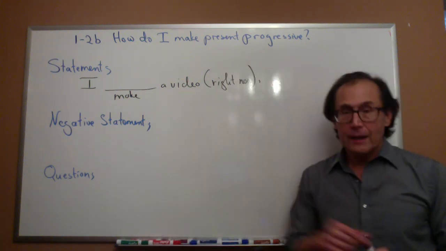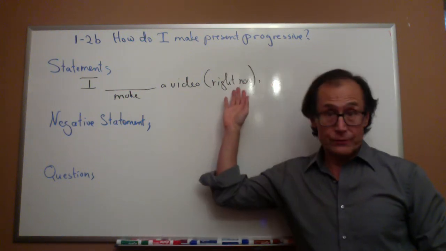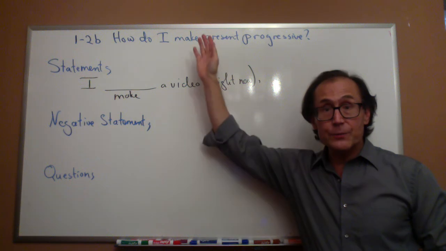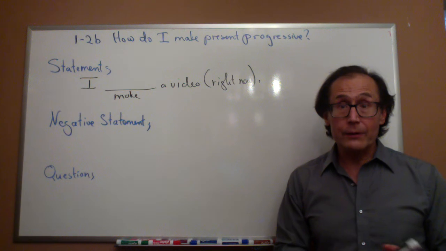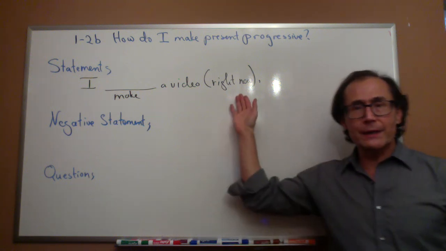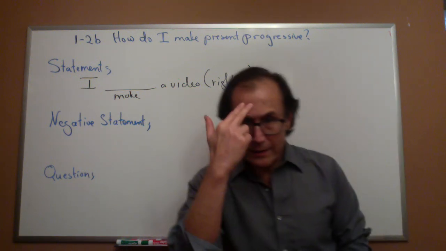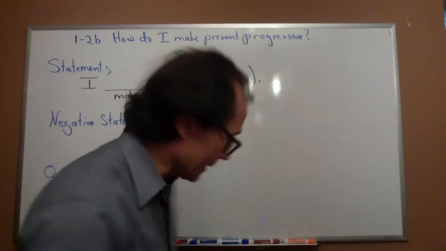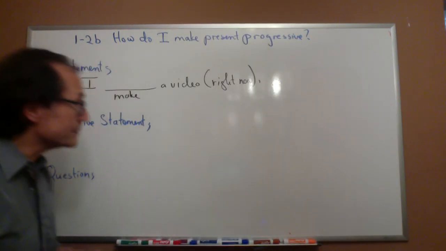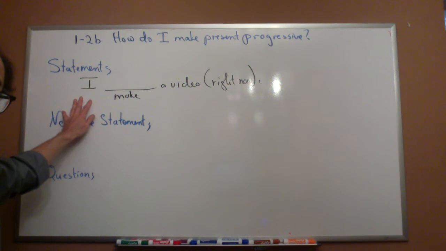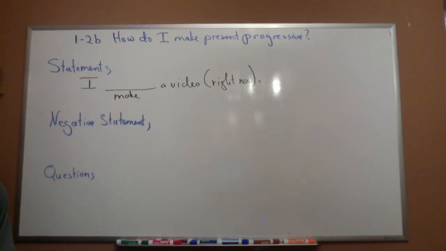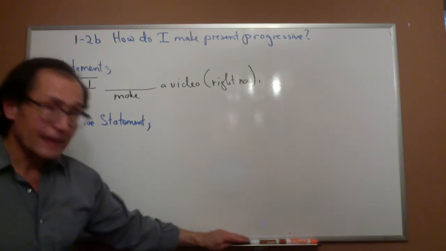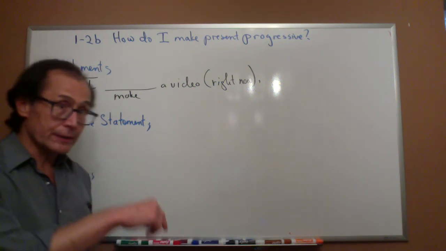I don't have to use right now. If I use present progressive, that tells an English speaker I'm talking about right now. But let's put it here so it's very clear between us what we're talking about. Okay, so take a second and think, what should I put here? I blank make a video right now. And if you don't know, don't worry, because I am going to tell you.